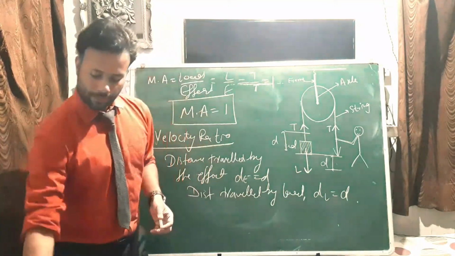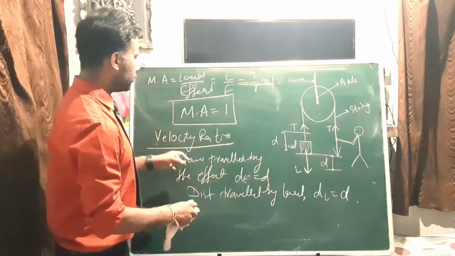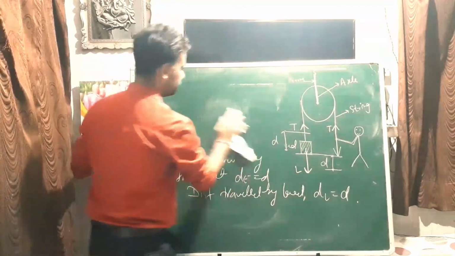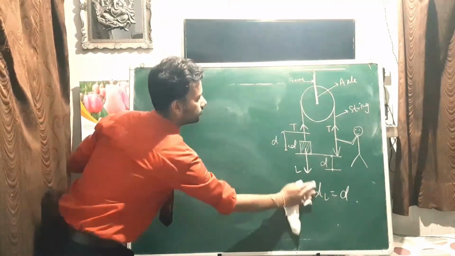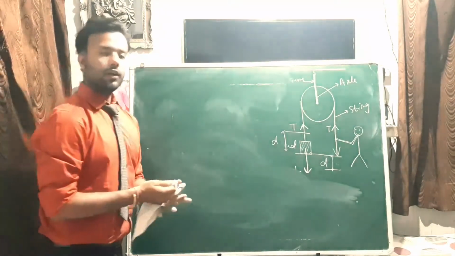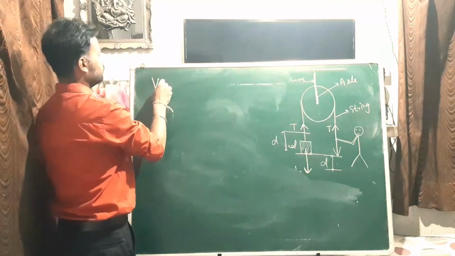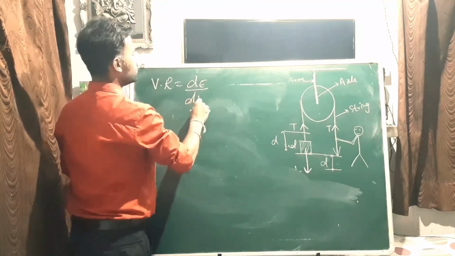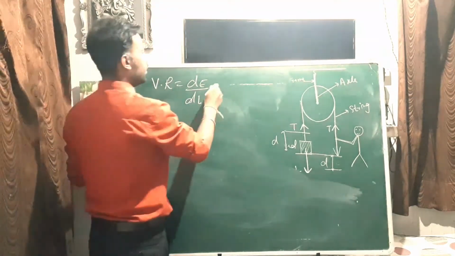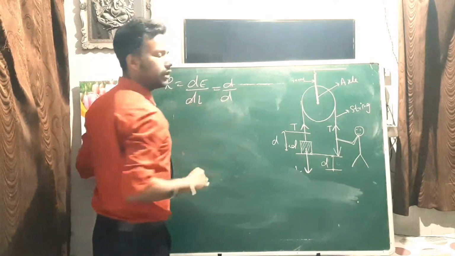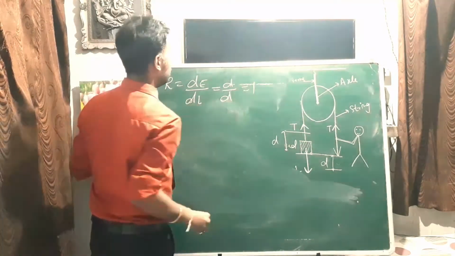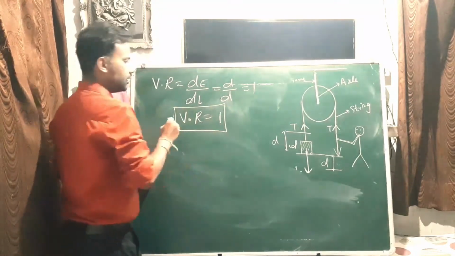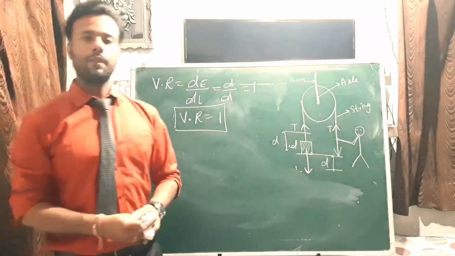They both are equal. What is the formula for velocity ratio? The formula for velocity ratio is distance traveled by effort to the distance traveled by load, right? And we know that they both are equal to d, so the ratio is 1.